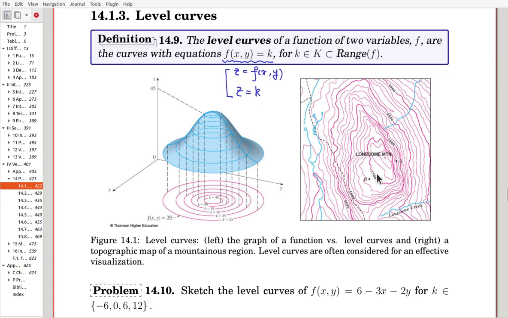As you may have seen, this one is a topographic map of a mountain, so you can see the same height curves.